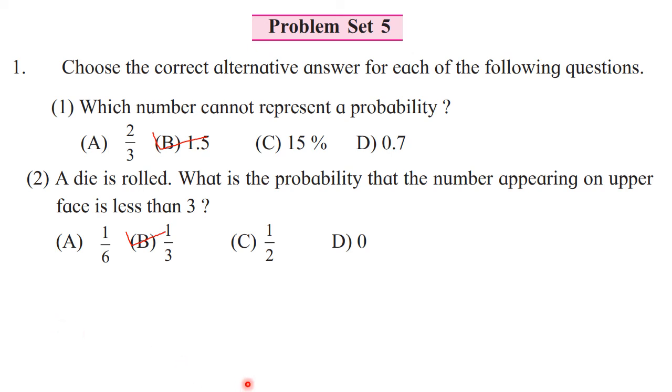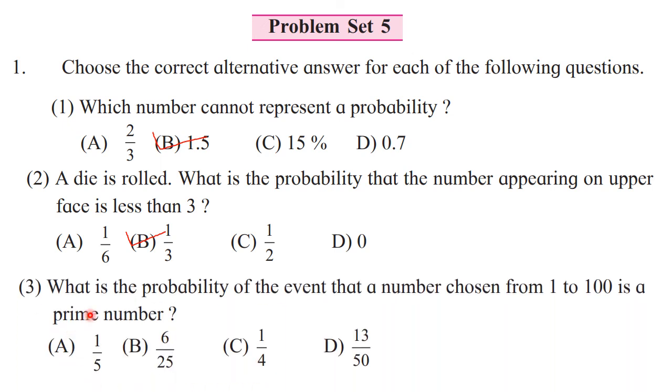Now third question here. What is the probability of the event that the number chosen from 1 to 100 is a prime number? Now in 7th standard, in 6th standard, you have studied about prime numbers. And there you have found out all the prime numbers from 1 to 100. So if you can recall that from 1 to 100 we have 25 prime numbers.